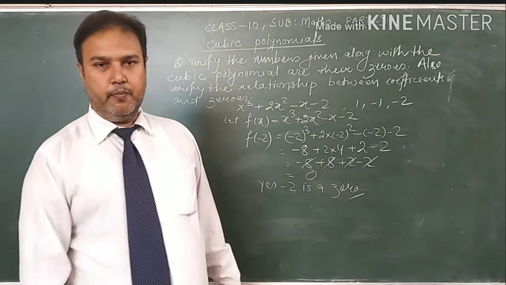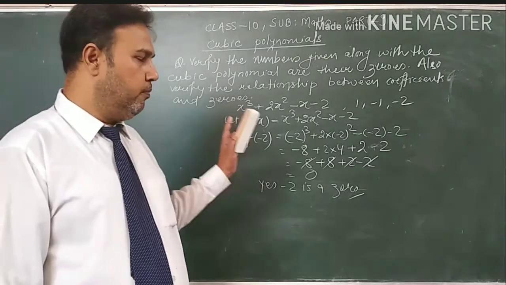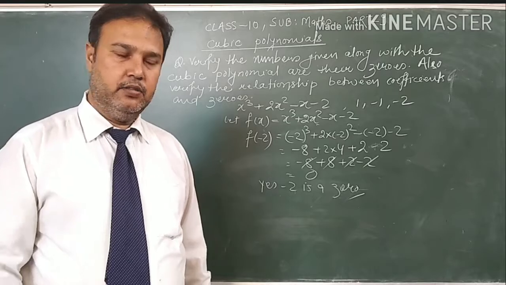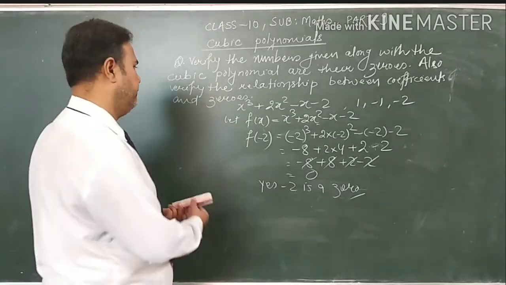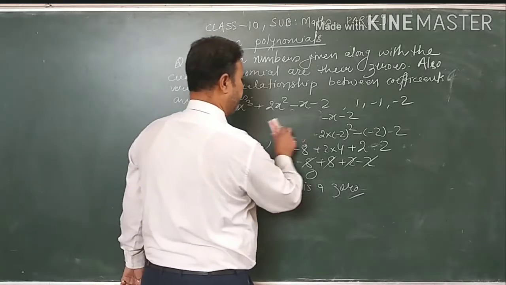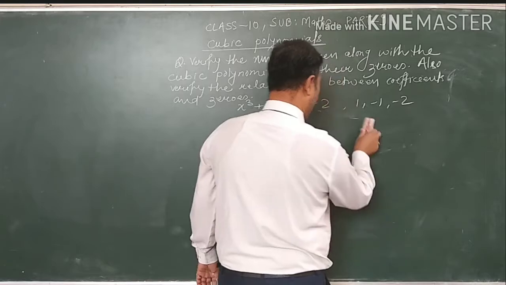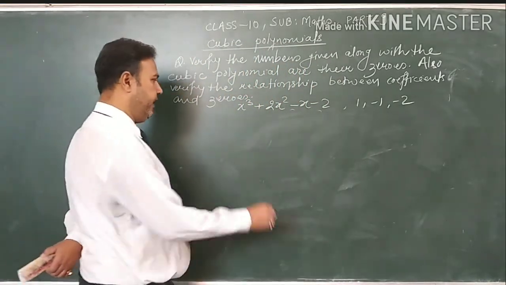In this way, we have already shown that 1, -1 and -2 all are the zeros, right? Now the relationship between zeros and coefficients. First of all, we will find the values of a, b and c. What is a?